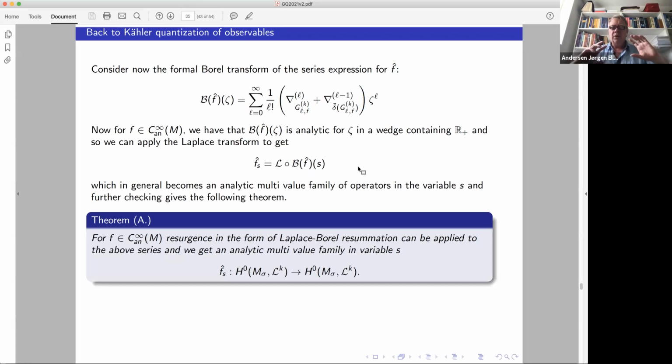And so you can really quantize observables to second order by moving the polarization and then using the Blattner-Kostant-Sternberg formula to come back to the polarization you started with. And the point is that this pairing is nothing but parallel transport from one fiber to the other in a product. And so this is the way it's related to the connections and the parallel transport.